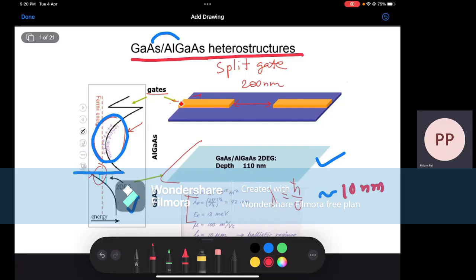For very high mobility structures, you can have a mean free path of tens of microns, which is millions of lattice sites, where you fly without scattering.